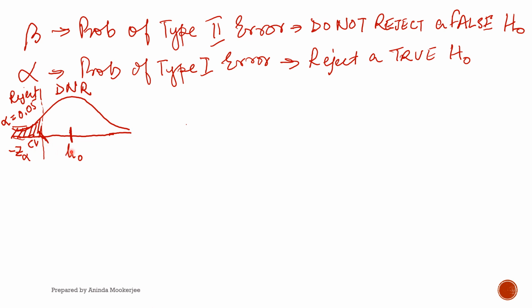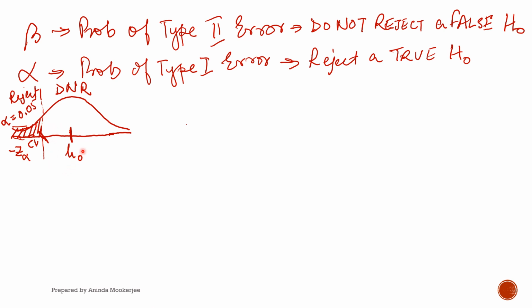All right, and then the way we perform our hypothesis test using the critical value approach is we bring our test statistic, which is our evidence, and see whether it falls in the reject region or do not reject region, and based on that we take a decision, correct? So alpha is used when performing a hypothesis test, all right?